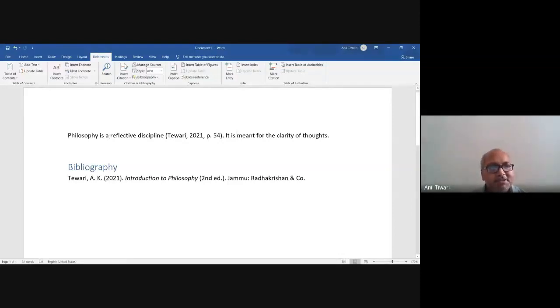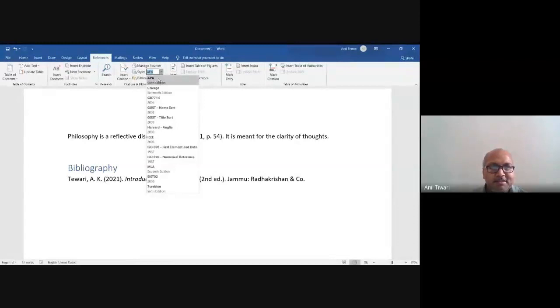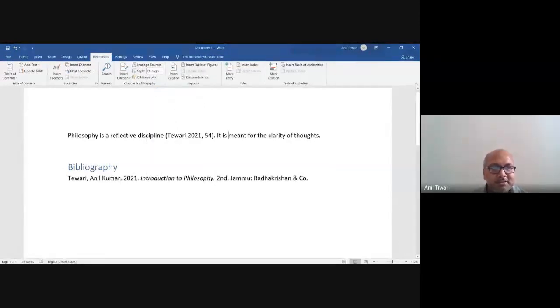So since you are starting, that is a humble advice to all of you, that you keep on preparing repository here. And suppose for any reason you want to have some other style, so you can just change the style here. Instead of APA, you can choose Chicago. So it will automatically change. You don't have to change. This is the Chicago style, right?